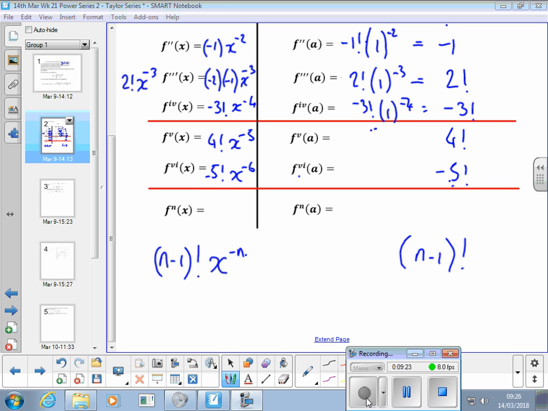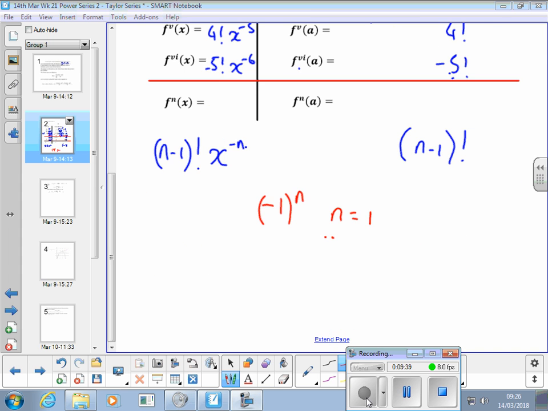So if we look at minus 1 to the power n, as n goes, when n equals 1, what does that equal?